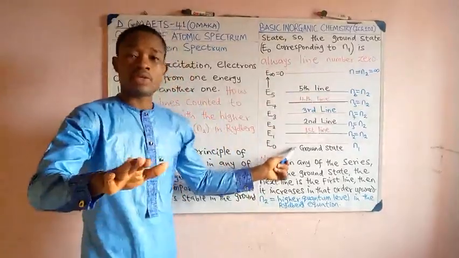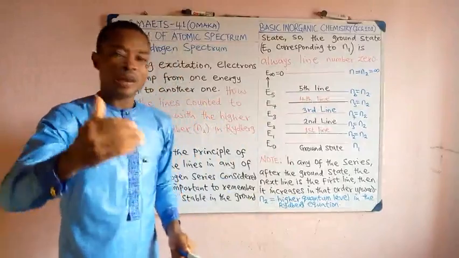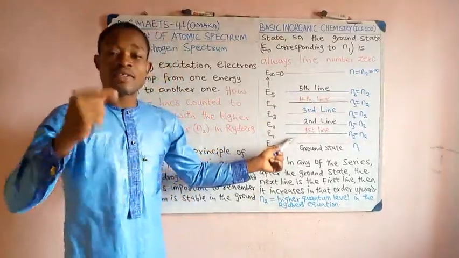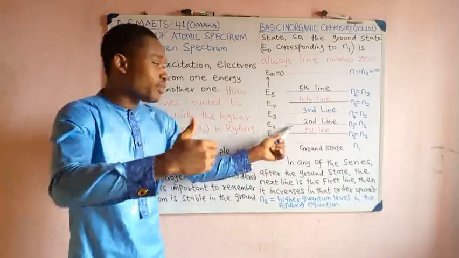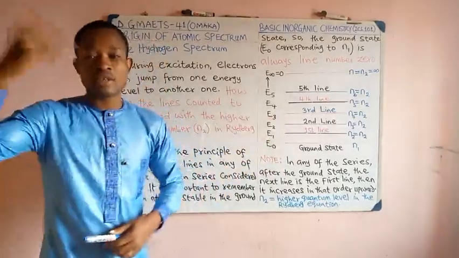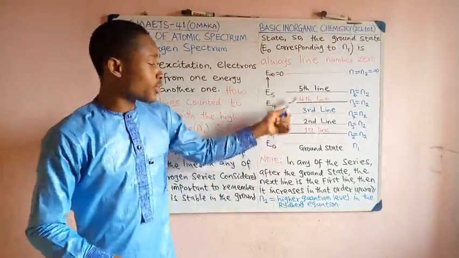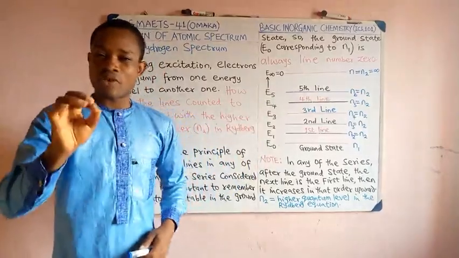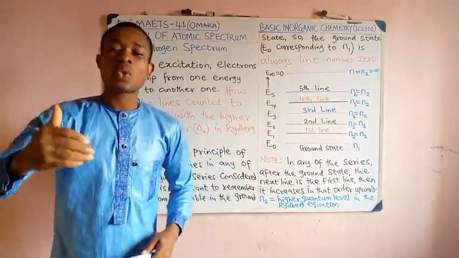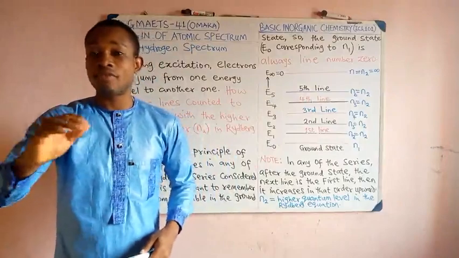Is that okay? The ground state. After that, the next line is taken as the first line. And like that, we have the second line, the third line, the fourth line, the fifth line, down to what? Infinity. Now, all these first, second, third, and fourth lines represent the higher quantum levels in terms of the line.